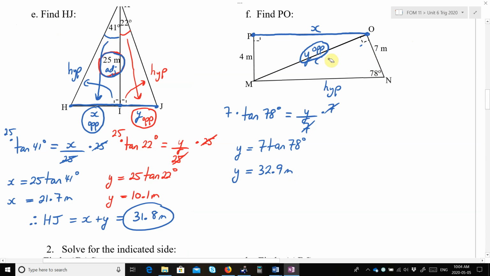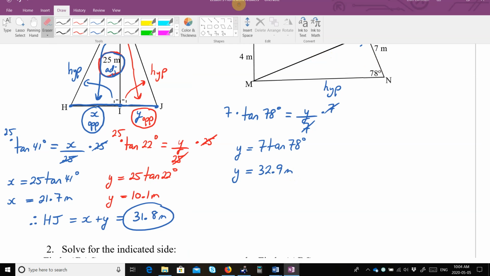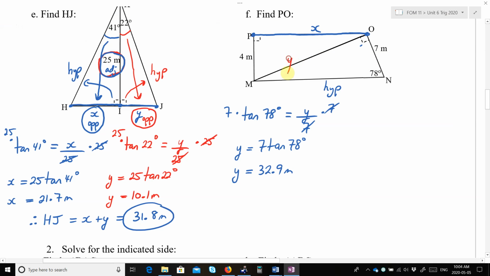Okay, now let's erase some things. We have just found that y is 32.9 meters. And they want us to figure out x.